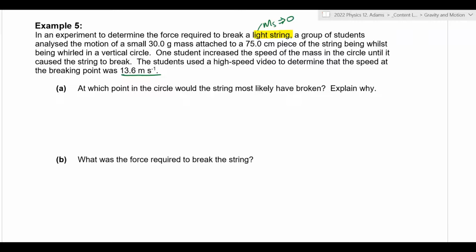Step 1, pause, read the full question, and you can pause while you read it, and then we'll come back and I'll keep working through it. So we've read the question, and obviously at which point in the circle would the string most likely have broken? It's obviously going to be at the bottom. Why?